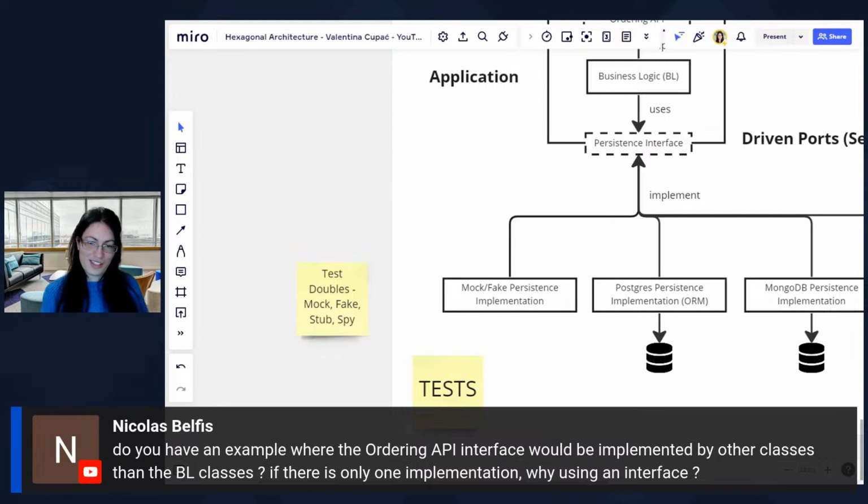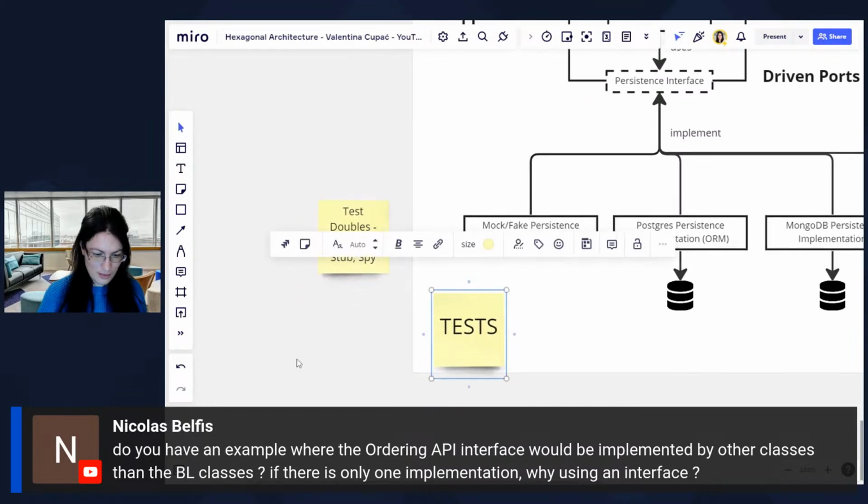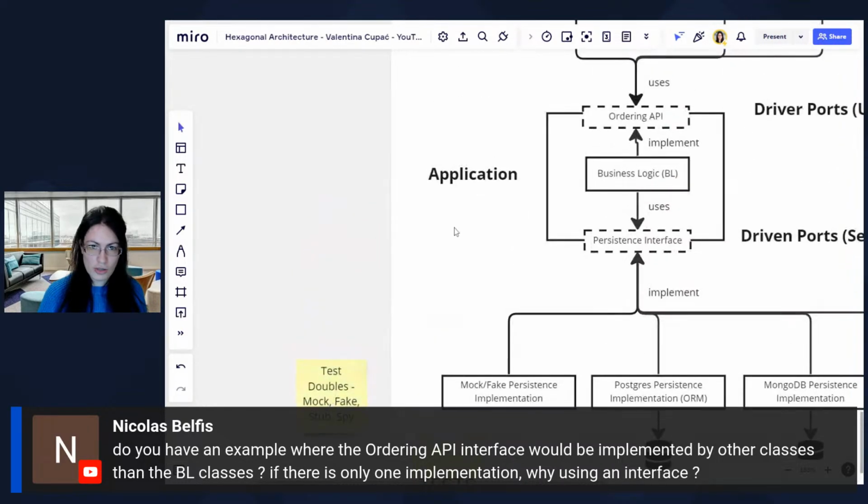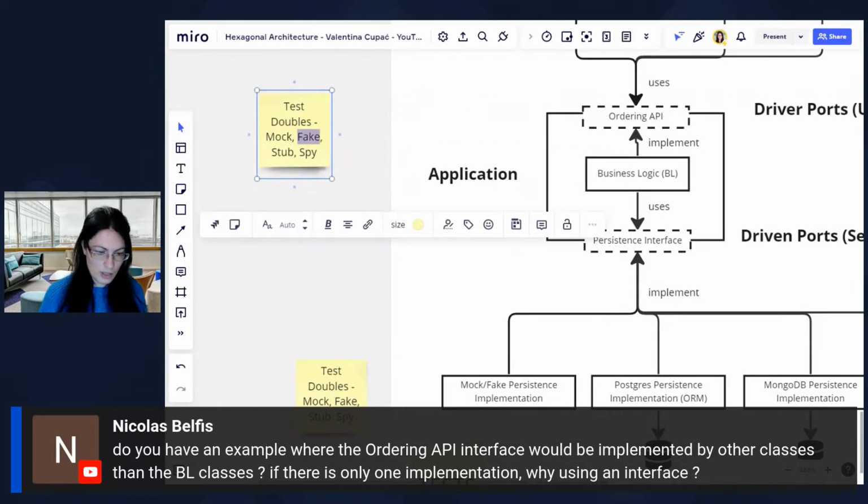The question is, if there is only one implementation of the ordering API service, why would we even have this interface at all? I will leave that as a thinking question for the audience. I will note it and come back to it later.